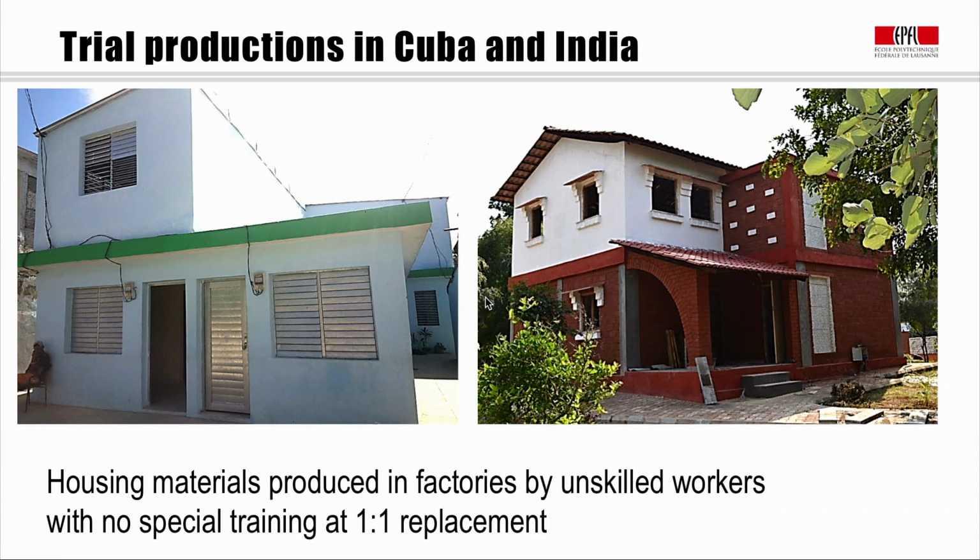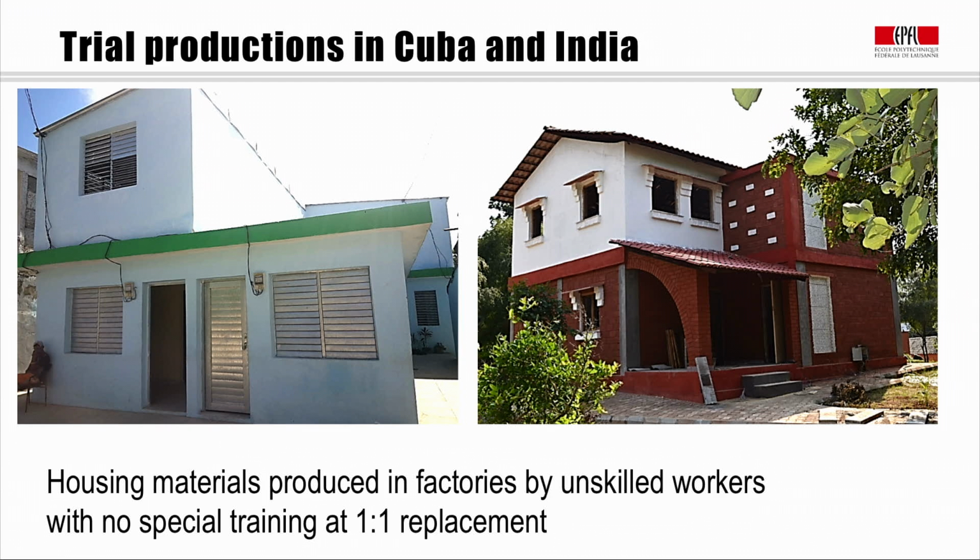And we've taken those kinds of waste materials, and we've made full-scale trial productions. This just shows a couple of houses produced from these productions, this one in Cuba here, this one in India. All the materials, the concrete blocks, the render, here the roof tiles, etc., are all produced with LC3 material.